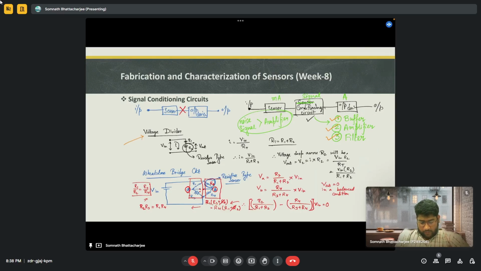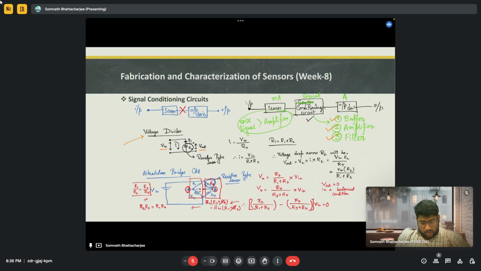So the first one is a voltage divider circuit. A voltage divider circuit is nothing but two resistors attached in series, where across the R2 resistance we get the V out, while we put the V in here. We can replace any of the resistors with a resistive type sensor.